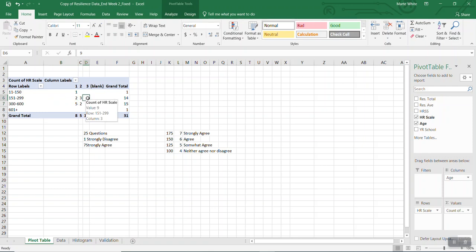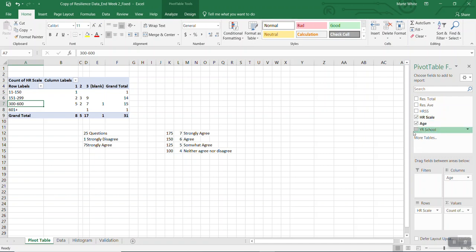And 9 people 36 and above ended up in the moderate. 7 people 36 and above ended up in the fairly high stress levels. So it's just a way of playing with numbers and trying to understand how they fit together.